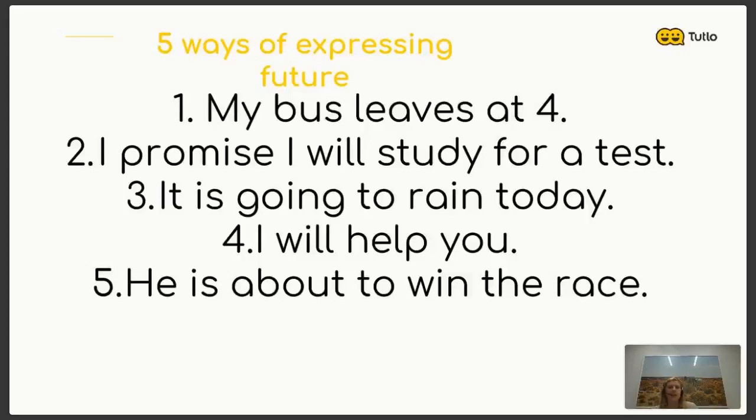In that case, my bus leaves, okay, to talk about timetable. Very good. So when we talk about timetable. Number 2, here, okay, more I would say timetable, because it's about bus, train, plane, it's usually timetable. Number 2, I promise I will study for a test. What construction is this?